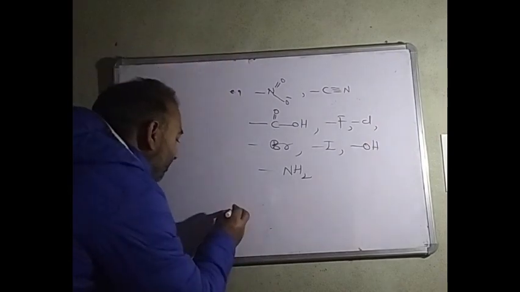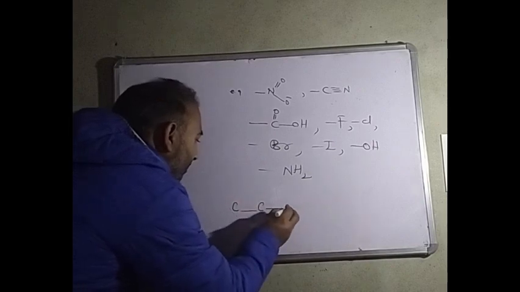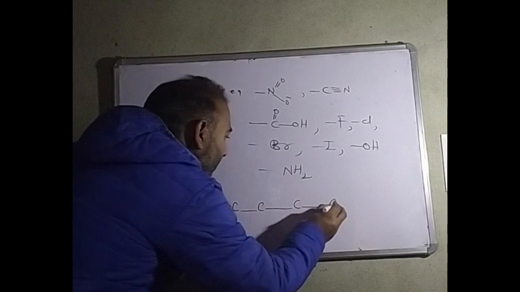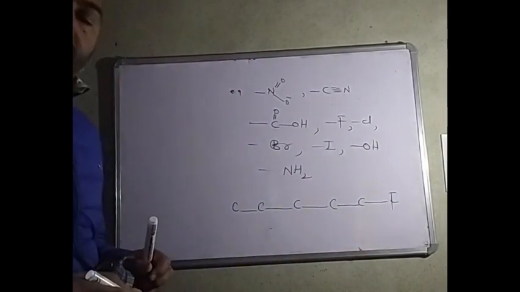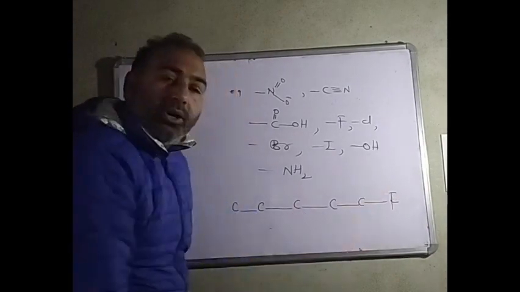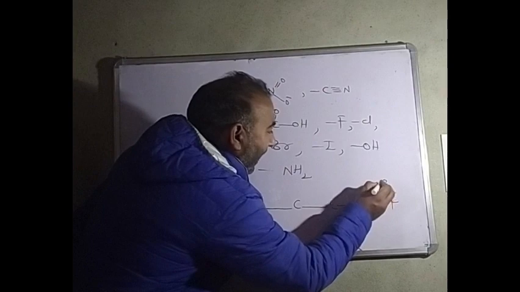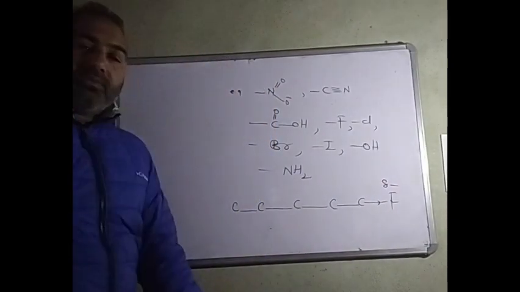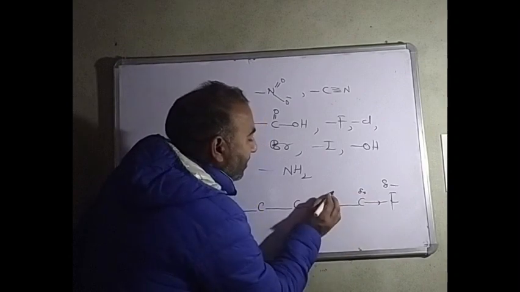Like this. This is fluorine. It is more electronegative. It will exert minus I and will acquire partial negative charge. And this is carbon. It will attain partial positive charge.